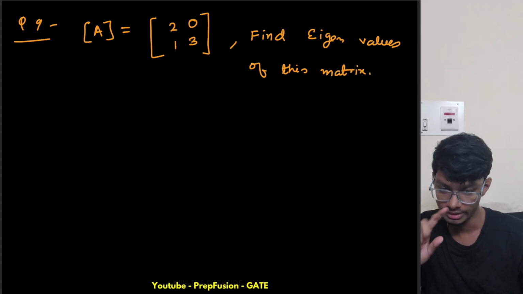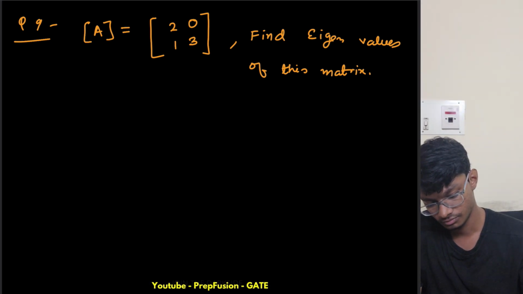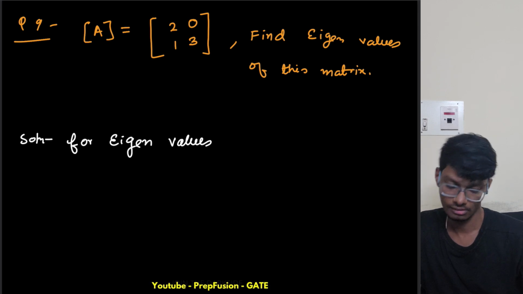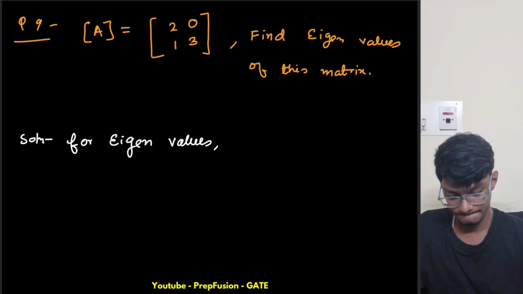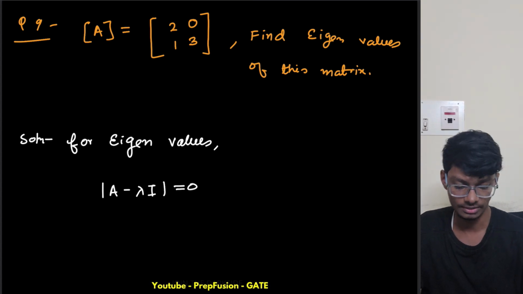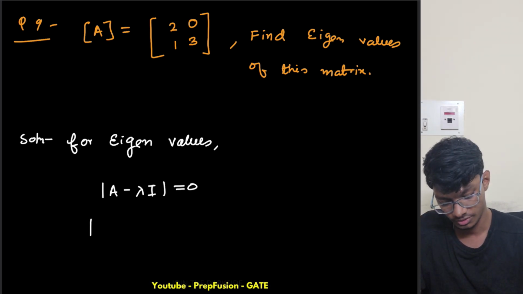So what I will do is again solve the characteristic equation: determinant of A minus lambda I should be equal to 0. So what is my A this time?